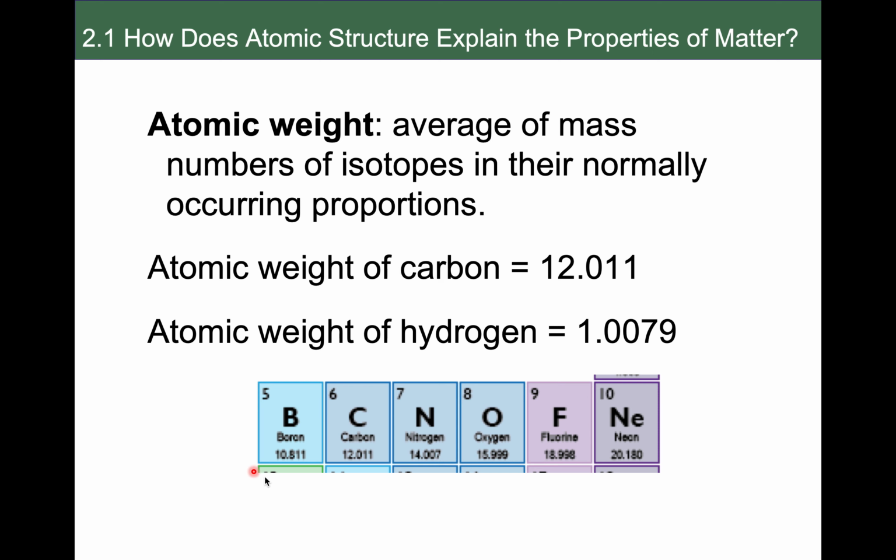So, this 10.811 for boron would be the average mass of the different isotopes of boron that are naturally occurring in their naturally occurring proportions. So just to make you aware of what that atomic weight is referring to.